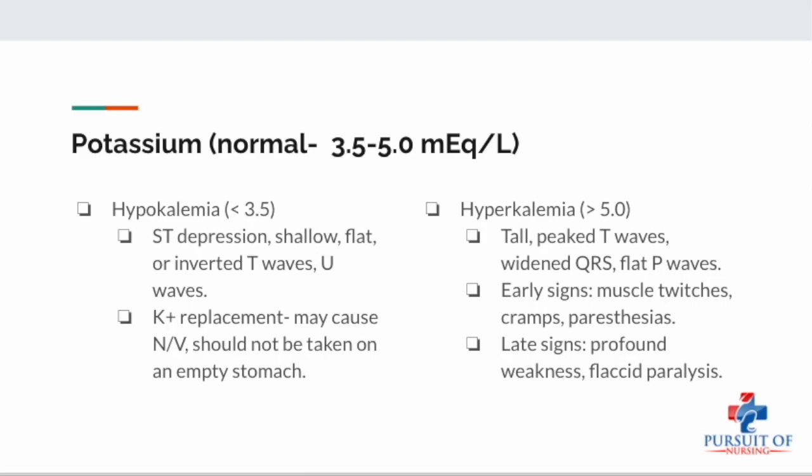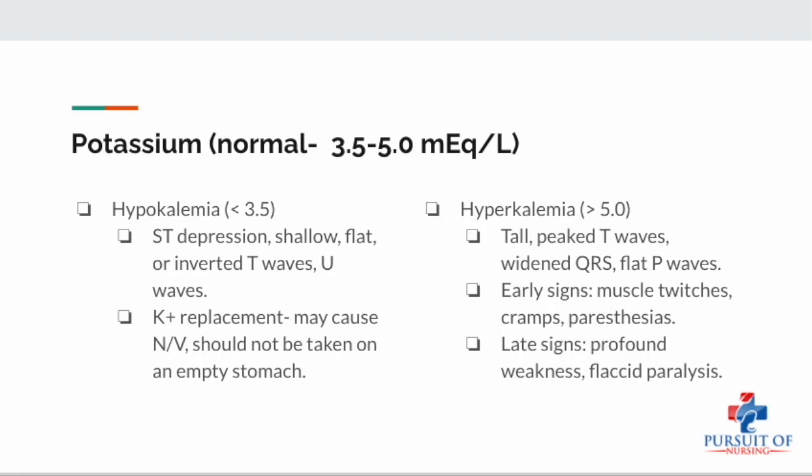With the potassium imbalances, as well as the calcium, phosphate, and sodium imbalances we'll go over, it is very important to memorize the EKG changes that come along with them. You will very frequently see those on the NCLEX.